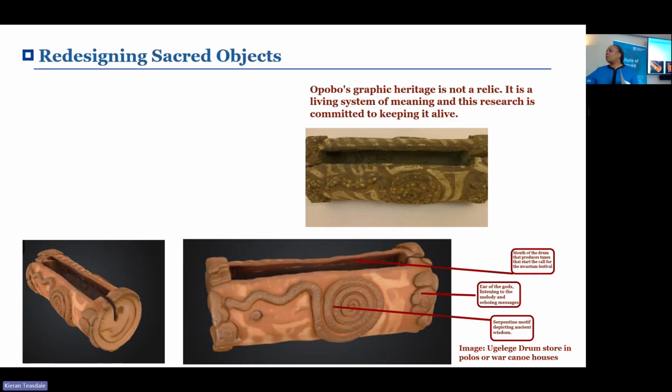So the top says the mouth of the drum that produces tunes at the start and the call of the Wartime Festival. We have this symbol or motif at the corner. It says it is the ear of the gods to hear the melody and echo back messages to the player. And then the serpentine motifs, this depicting ancient wisdom.